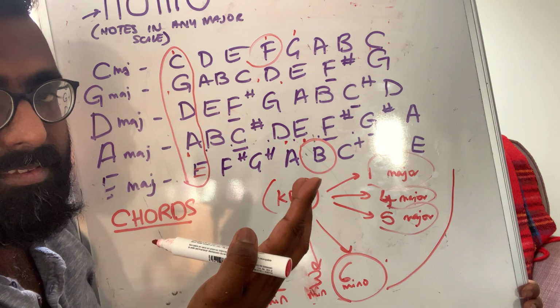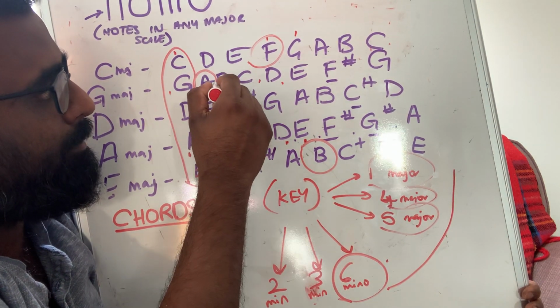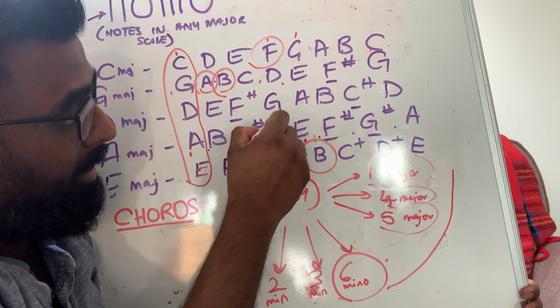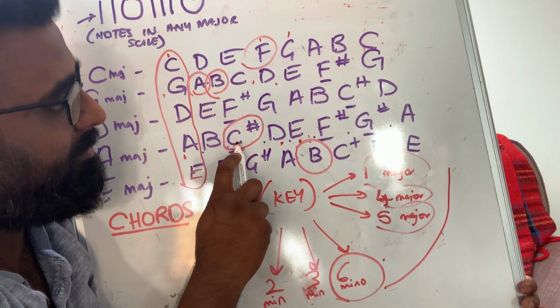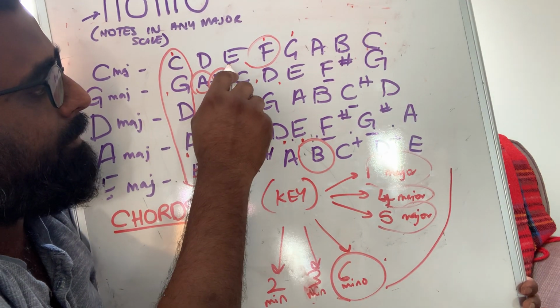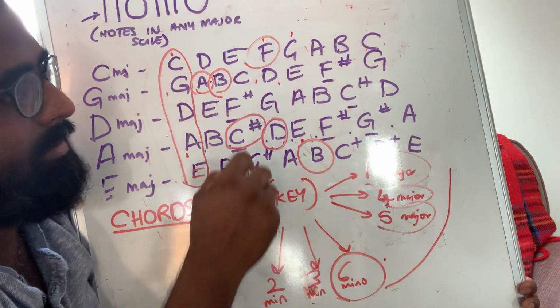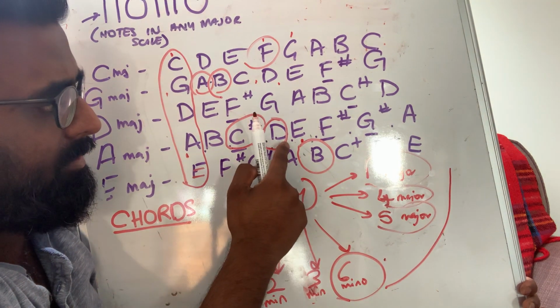And then the minors, you'll need to know A minor, B minor, C sharp minor. Okay, not C minor, you won't need to know C minor. C sharp minor. Okay, D minor. That's a major chord, sorry.